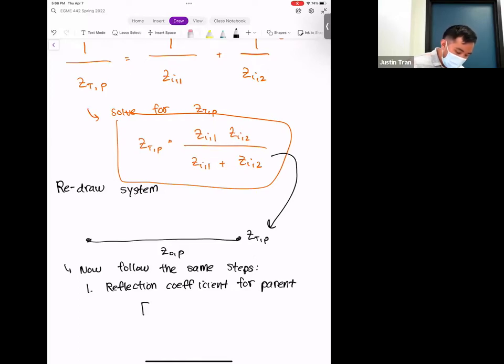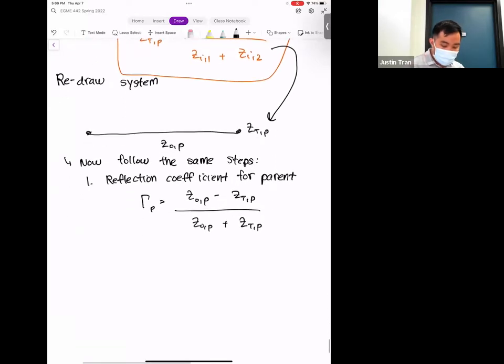And so we're going to have gamma P is equal to Z0P minus ZTP divided by Z0P plus ZTP, right?